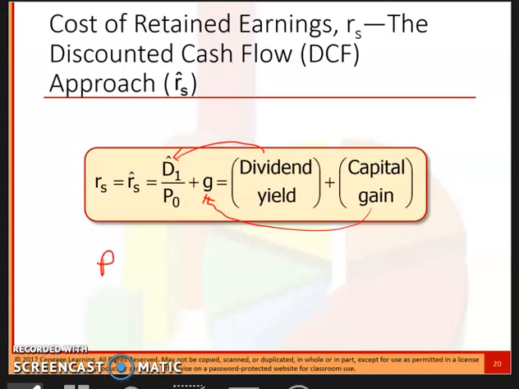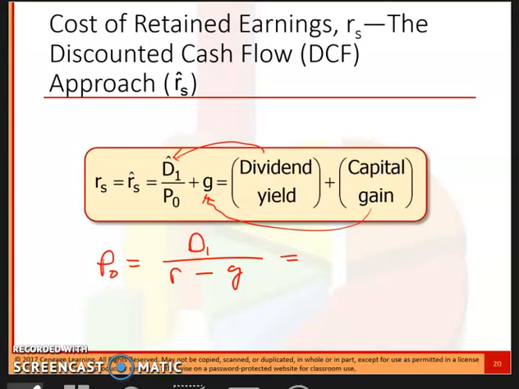If we rearrange the formula and go with our constant growth model, I don't normally put the hats on them. So the market price of the stock is equal to the dividend, and think of it as the next dividend, or the dividend in the coming year, divided by the required rate of return minus the growth rate.